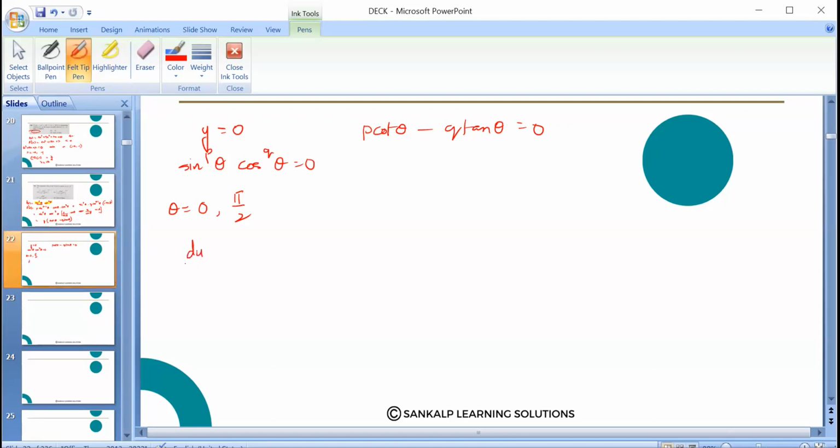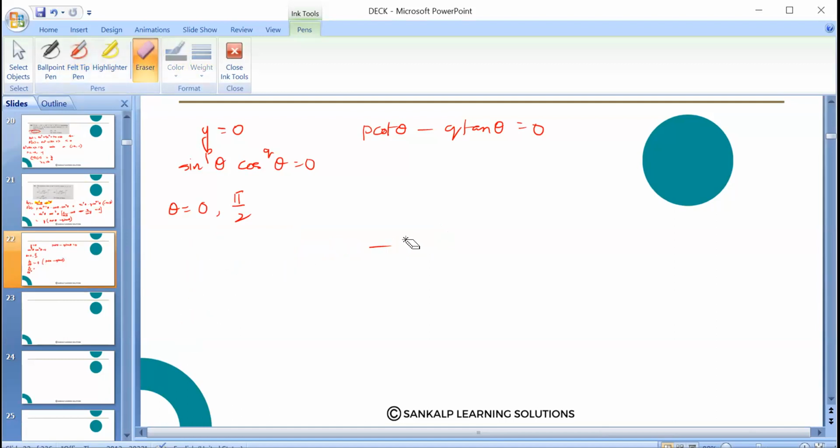Okay, now because dy by d theta is y into (P cot theta minus Q tan theta), d square y by d theta square, what it will be? So doing it with this is very difficult.